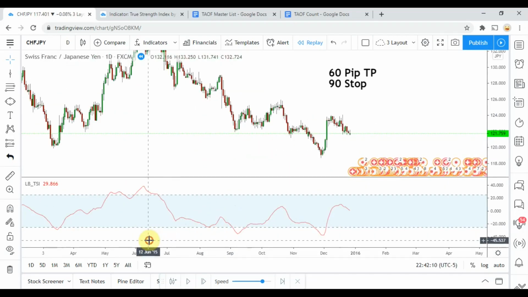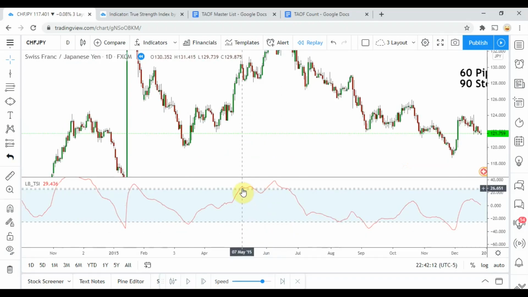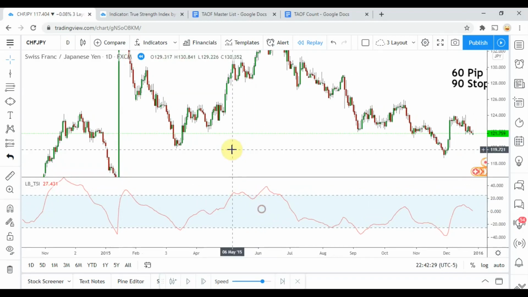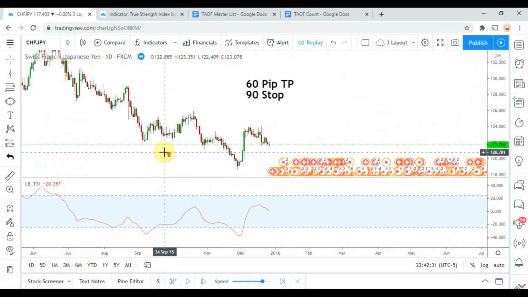If we were on the opposite side, we would wait for the true strength line to cross up into the overbought area, and then we would wait for it to cross back down that line, and then we would take an entry for a short.